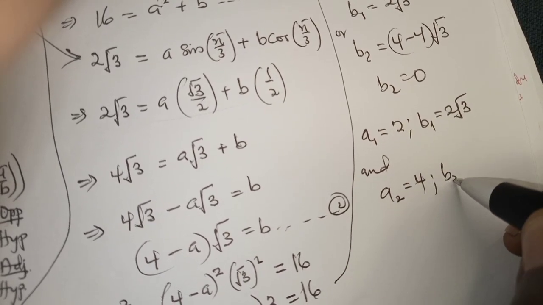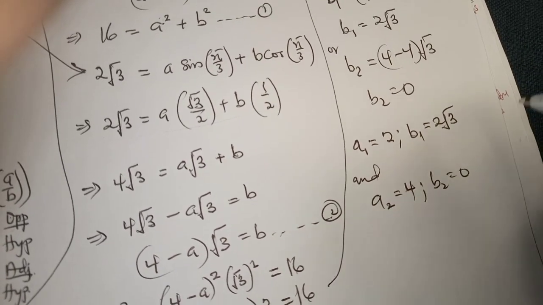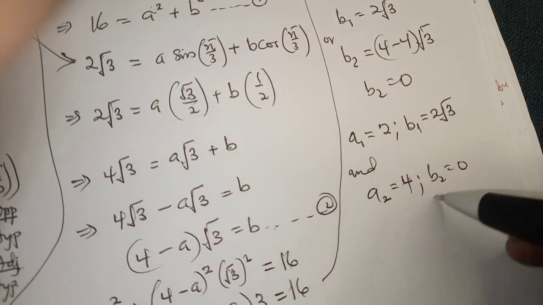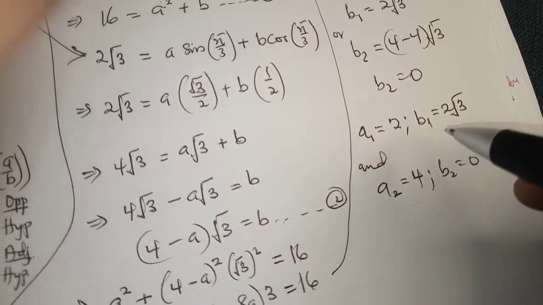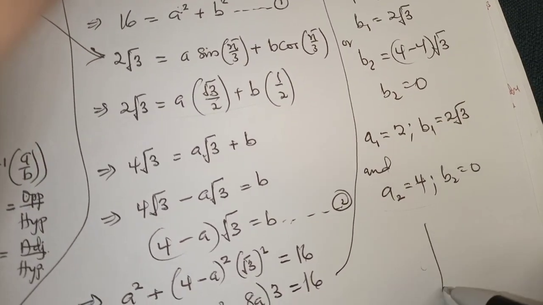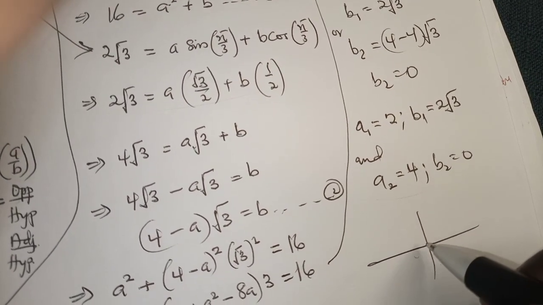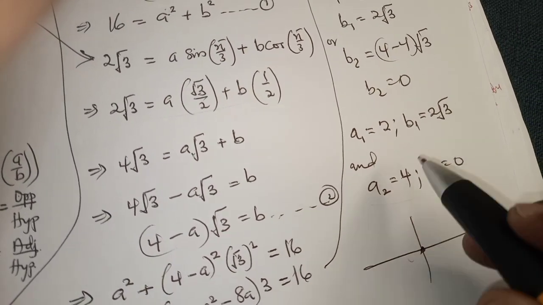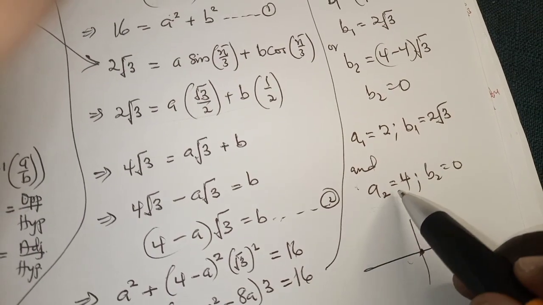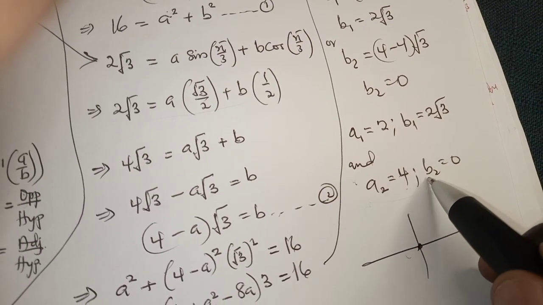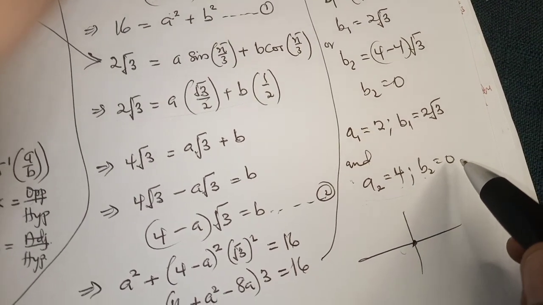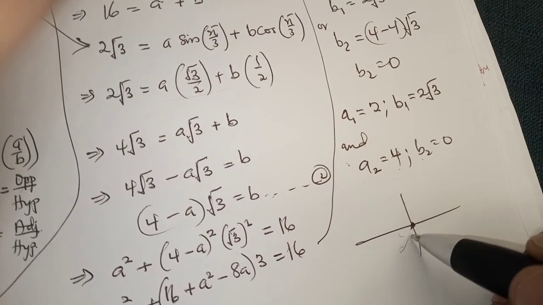whilst b2 equals 0. But this does not satisfy the equation because the curve is not passing through the origin here. When a equals 4 and b equals 0, that means the curve needs to pass through the origin.